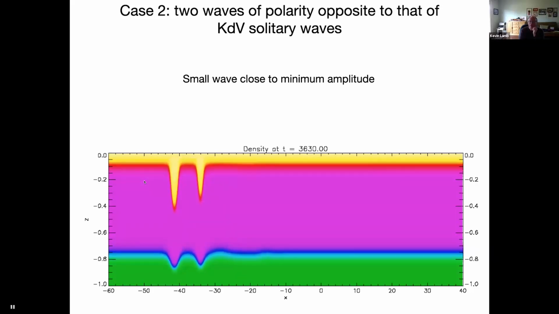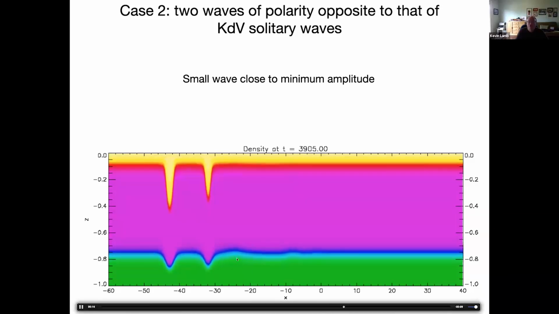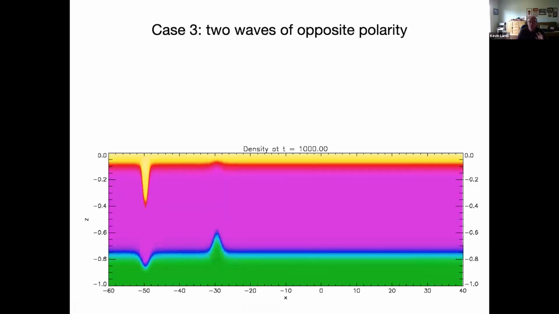What's different here is you can see there's significant radiation of waves. So the interaction is different in that sense. It's much further removed from being KdV-type behavior or from being solitons.